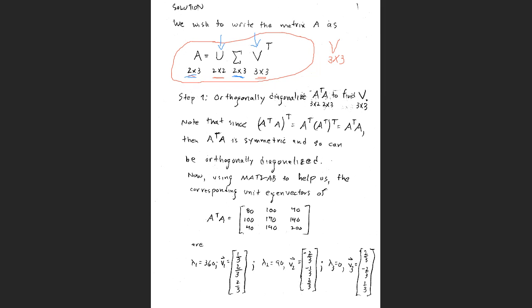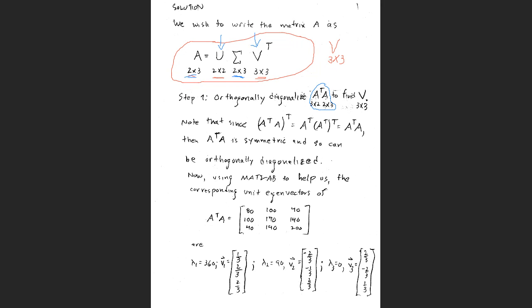Now what we have to do is find this matrix V. We have to orthogonally diagonalize A transpose times A. Now, A was a 2 by 3 matrix. A transpose is a 3 by 2 matrix.